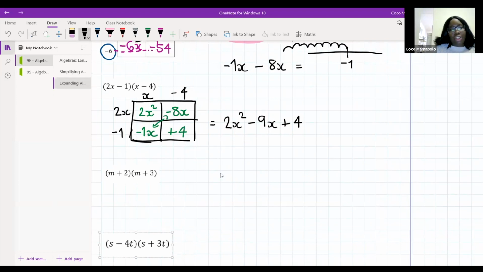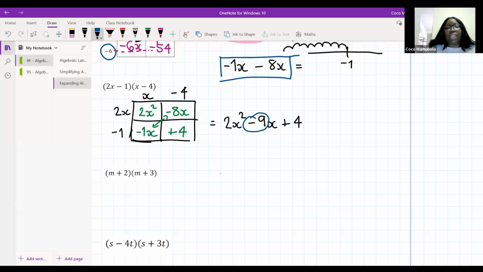Nosipo says, ma'am, how did you get 9x? It's not 9x, Nosipo, it's -9x. It's because we took -1x and -8x, and we add them together. Okenda says, ma'am, how did you get -9? Because negative times a negative is a positive. Okenda, are we multiplying? That's my question.